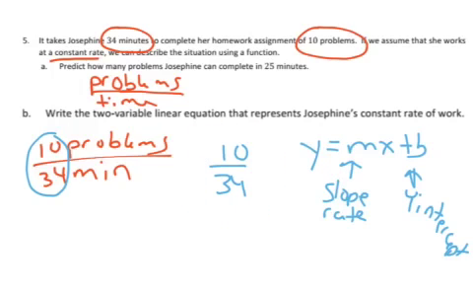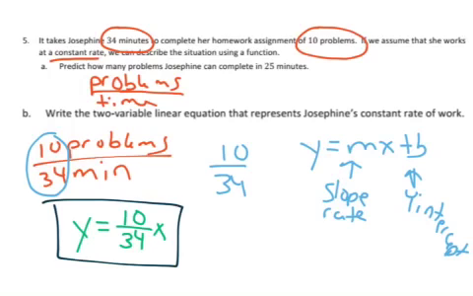So if I start writing this equation, I would have y equals 10 over 34x. Did it say anywhere in this problem I had a y-intercept or a starting value? At 0 minutes, would I have completed any problems? No. So technically, 0 is your y-intercept. You could say plus 0, but in most textbooks, you will see it as this. So this is the equation we are about to use.